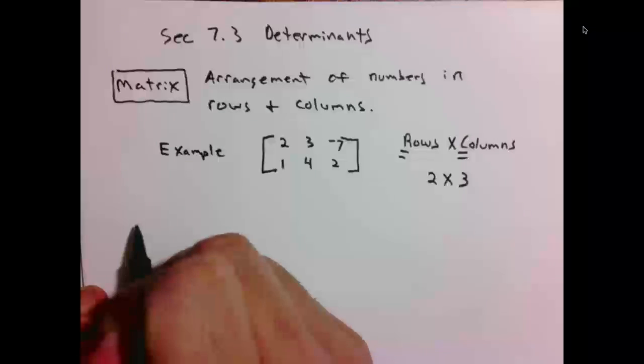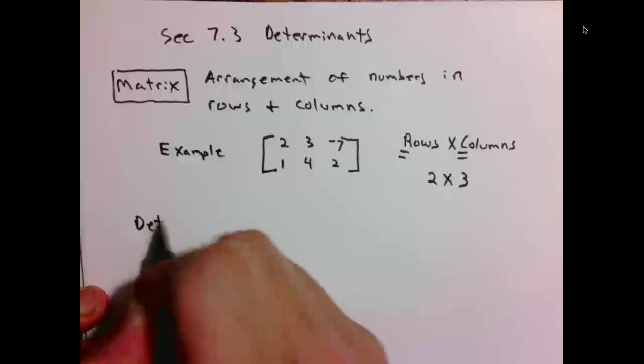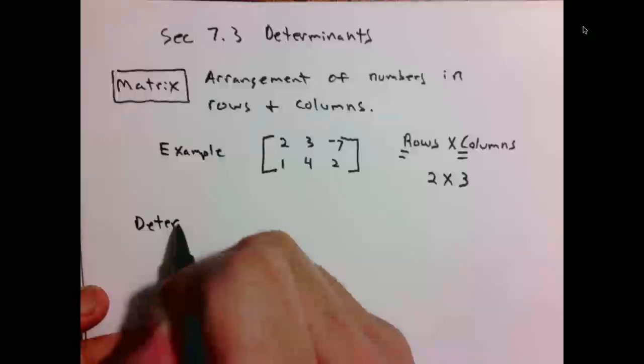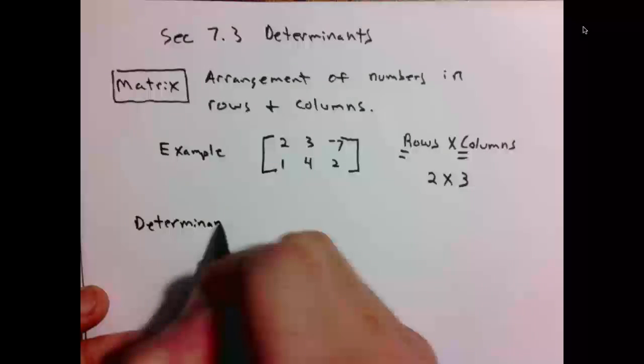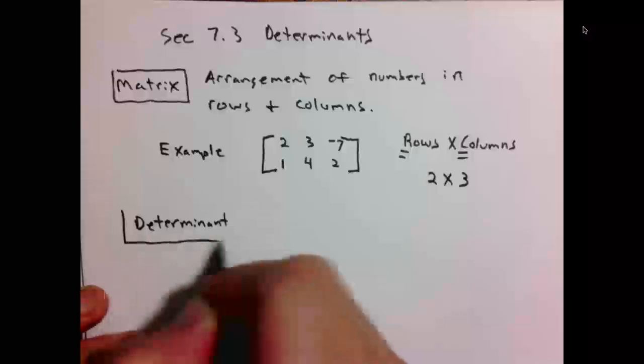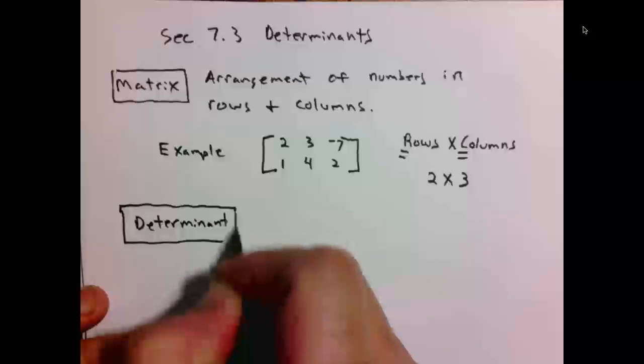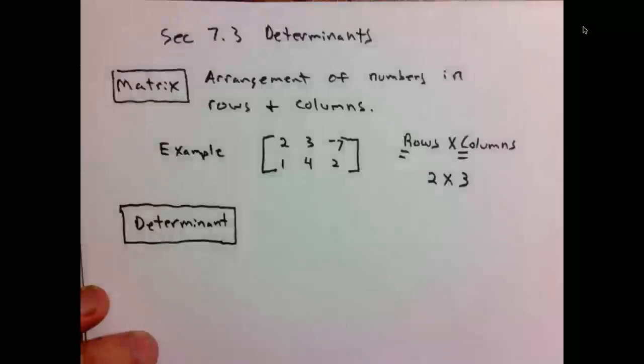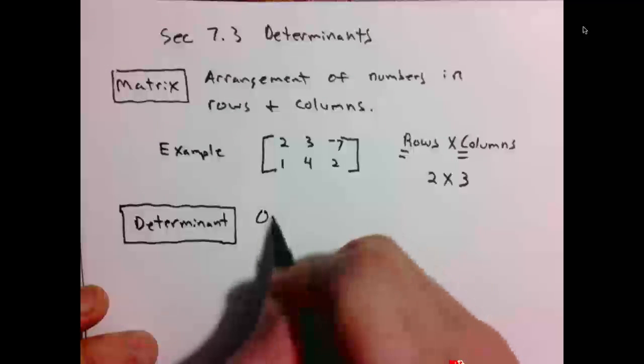Next, definition: determinant. A determinant is an operation on a square matrix.